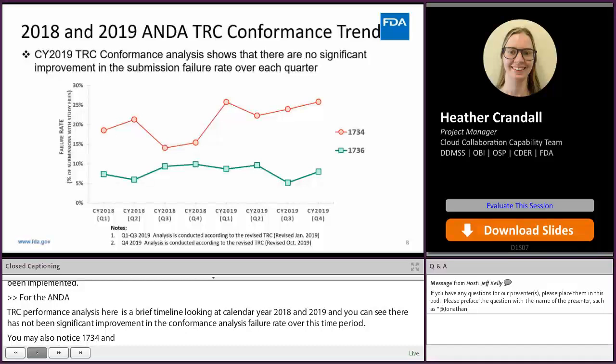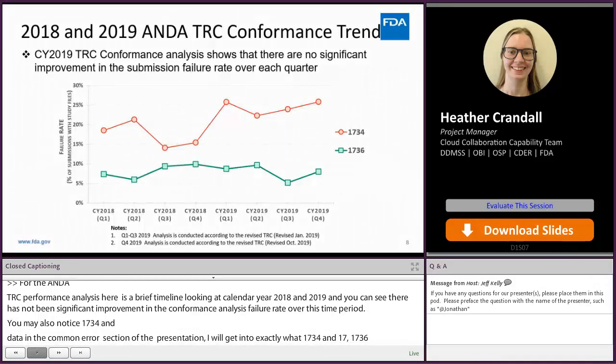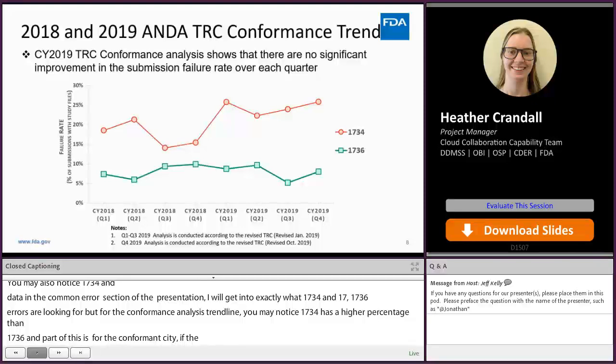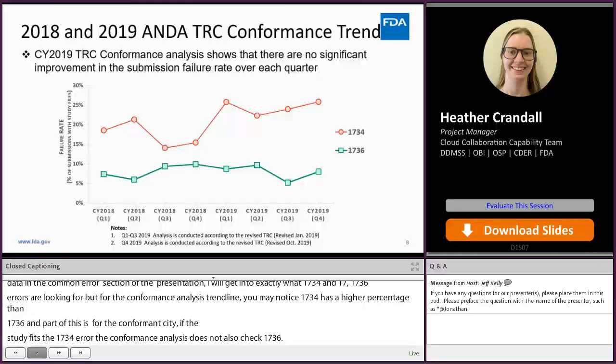But for the conformance analysis trend line, you may notice that 1734 has a higher percentage than 1736. Part of this is that for our conformance analysis, if a study hits the 1734 error, the conformance analysis does not also check 1736. So that's just something to keep in mind when I go through the next couple slides with some data in them.